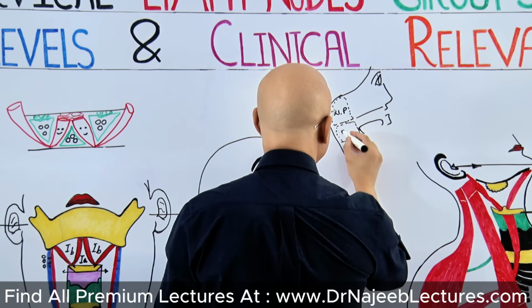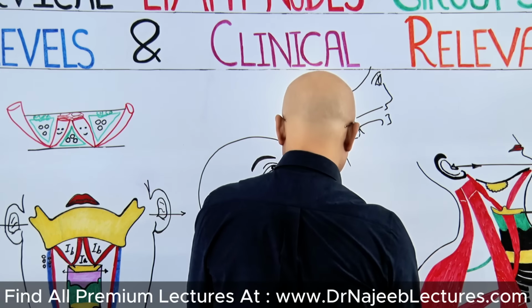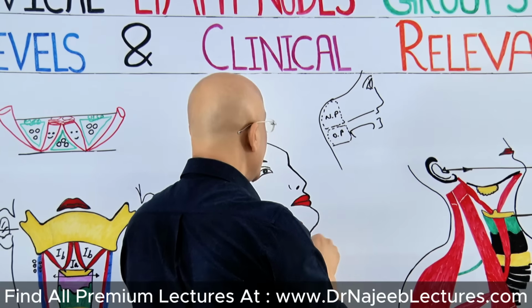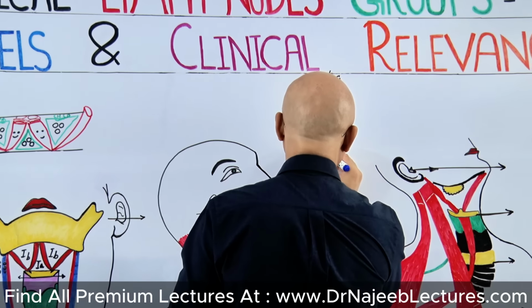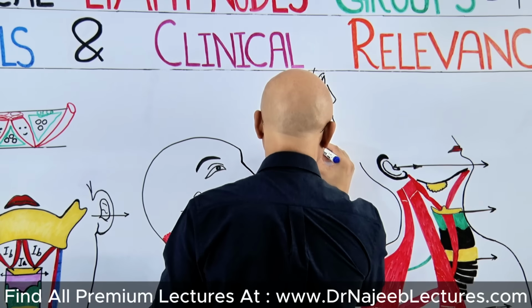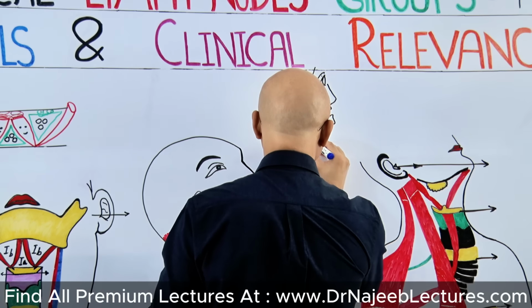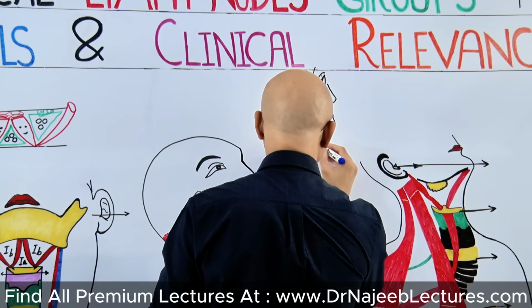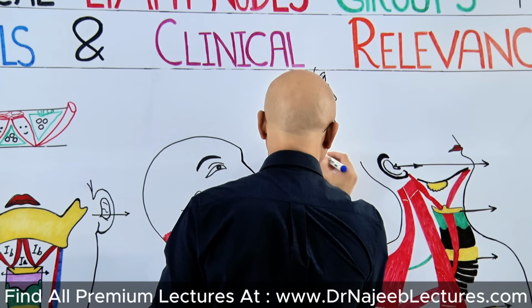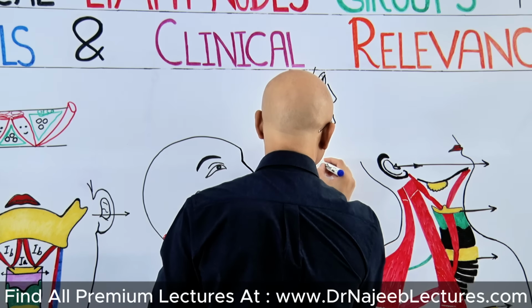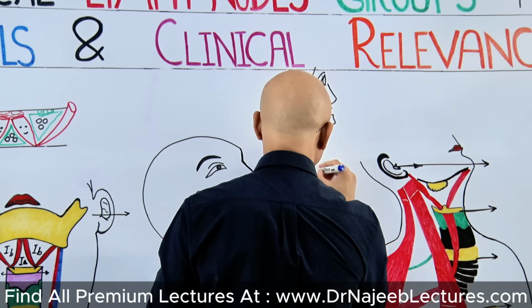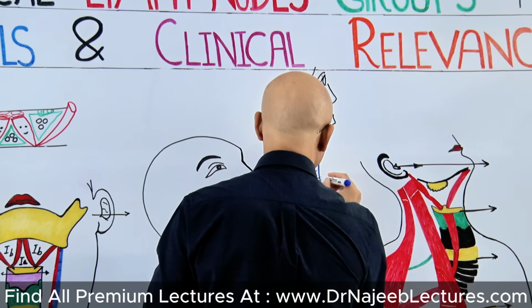Nasopharynx, oropharynx, and then of course here lies your voice box, larynx, which produces a lot of trouble in your life if you use it indiscriminately, right? And this is larynx, and here is your cricoid cartilage, and here your trachea, right?